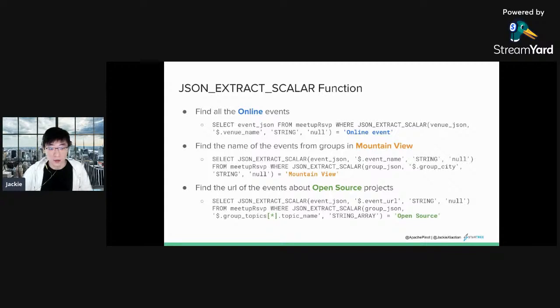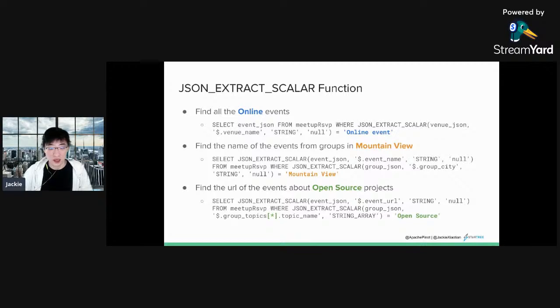The group topics is an array field, so we need to use array access in order to read into the array. Here I use a wildcard because I don't care about the actual array index of the topic name. So any topic name that is open source within group topics is a match.